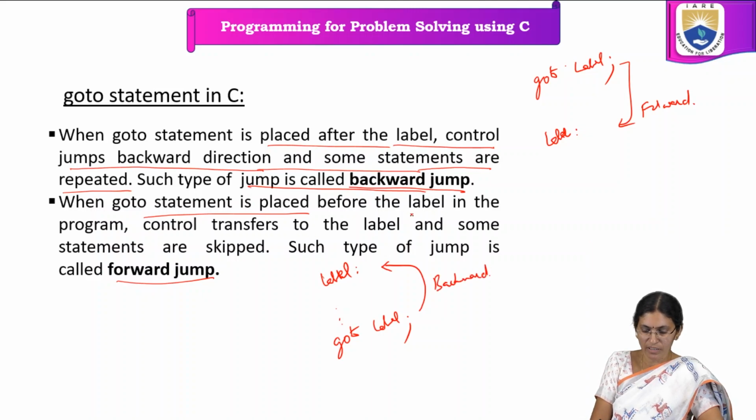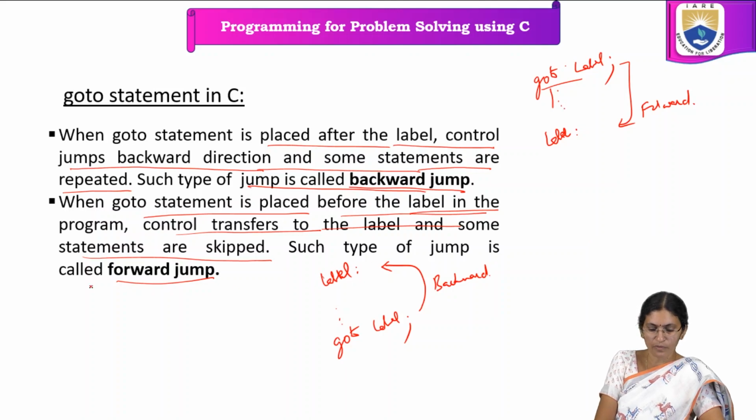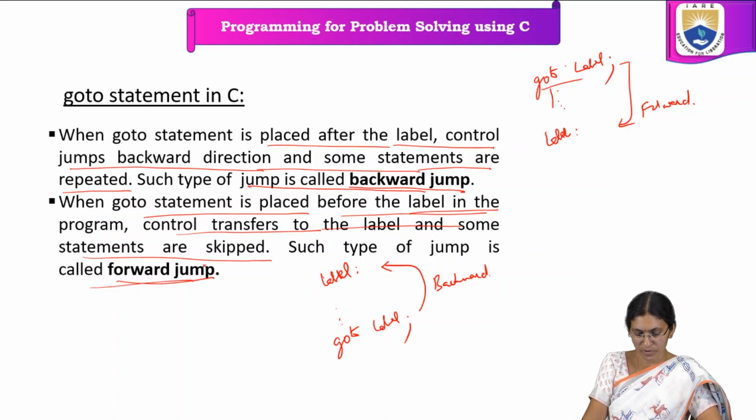When the goto statement is placed before the label in the program, control transfers to the label and whatever statements are in between are skipped. Such a jump is called a forward jump.